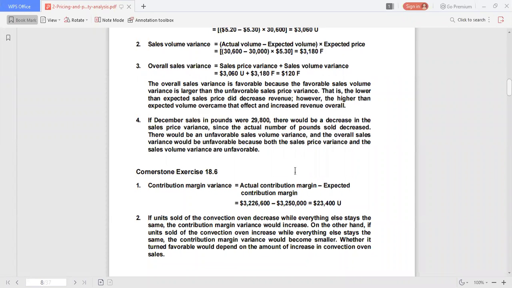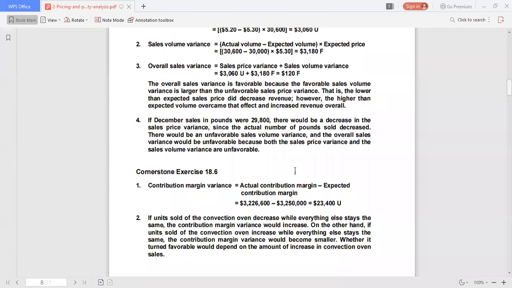Then in number 2, what if actual units sold of the convection oven decrease? How would that affect the contribution margin variance? What if actual units sold of the convection oven increase? How would that affect the contribution margin variance? If units sold of the convection oven decrease while everything else remains the same, the contribution margin variance would increase.